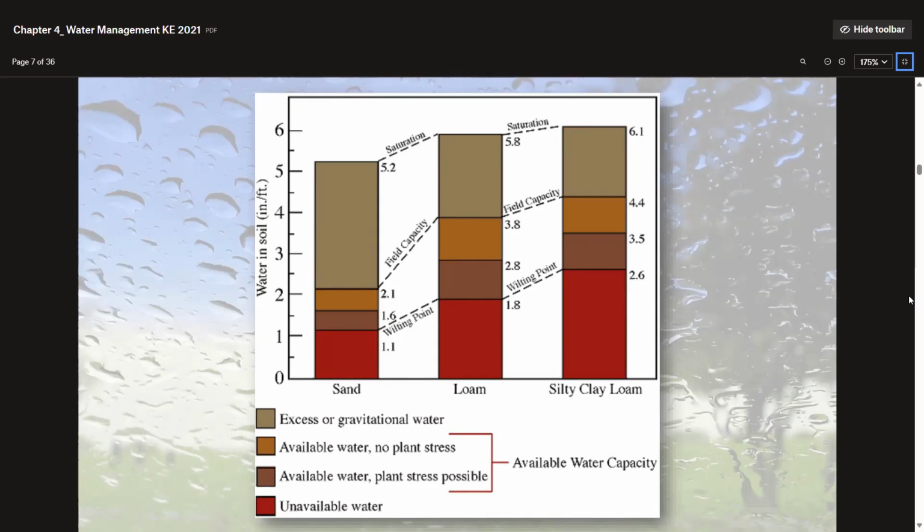You have much more available water in the loam, and you have a little less water available in the silty clay loam. And then unavailable water is the whole red block. So silty clay loam, that clay mix, is going to create the most unavailable water to the tree at that 2.6 inch depth. And then sand drains off the fastest, right? So you're better off with a loam, basically, or a silty clay loam if you have to have something, or both are going to be better than sand.